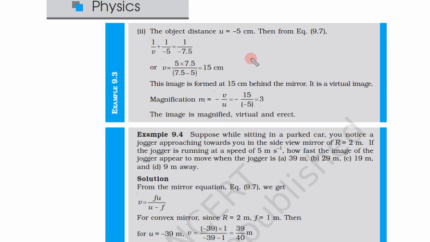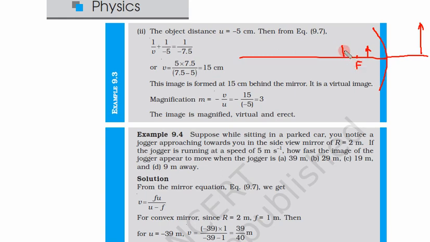So this was our whole situation. So we had this mirror. In the second case, the image was here 3 times larger and this object was at 5 centimeter distance. The focal length was somewhere here. F was at 7.5.